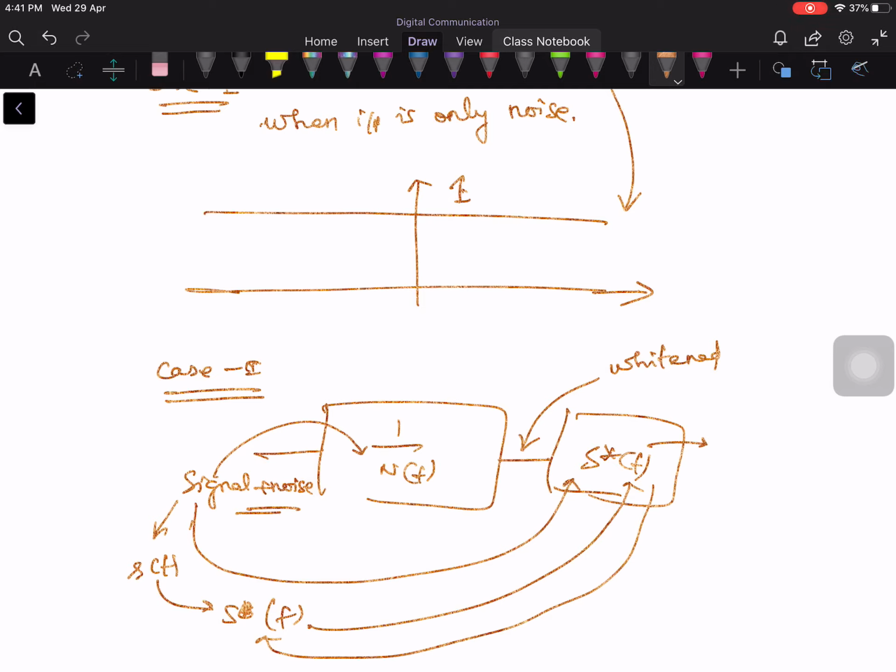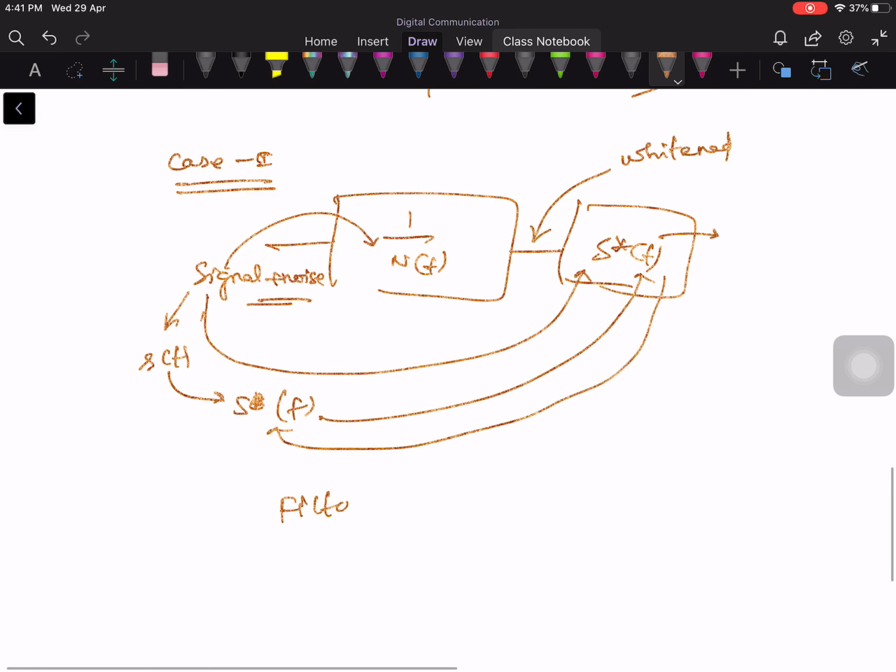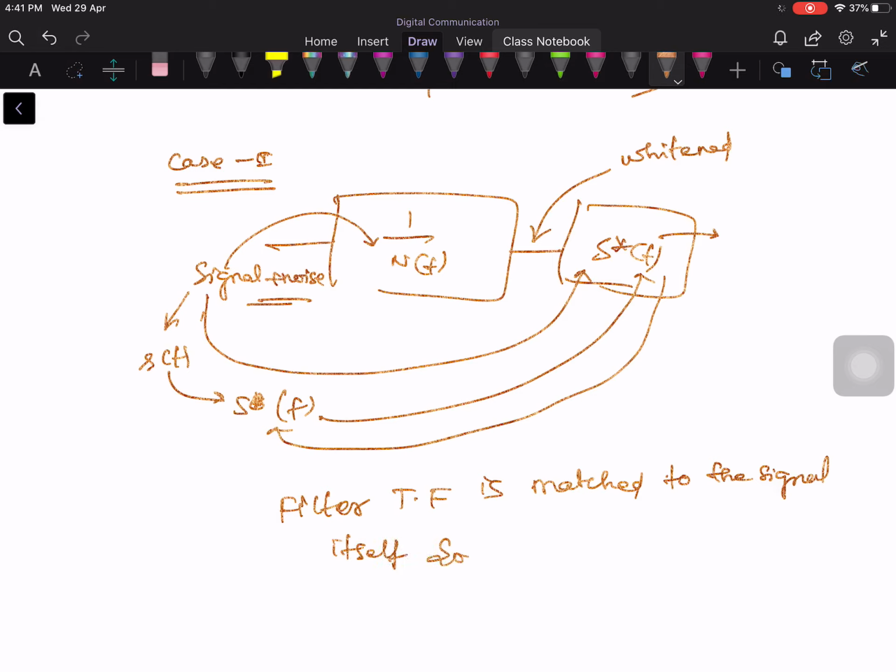Therefore, this is called a matched filter.